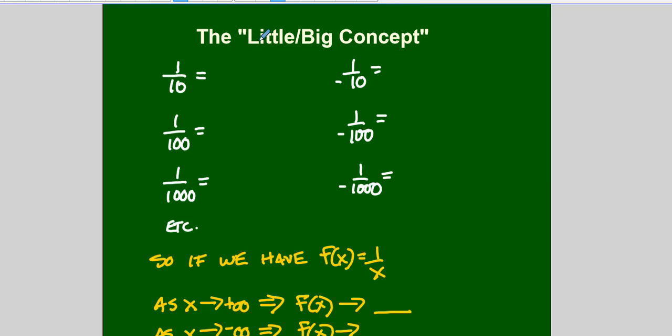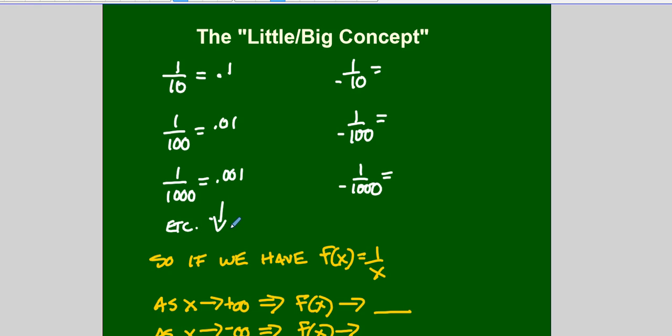So now we could flip this around. We have the little big concept where I fix the numerator, but now I blow up the denominator. So 1/10 is 0.1, 1/100th is 0.01, 1/1000 is 0.001, etc. You could go 1 over a trillion, 1 over a zillion, etc. But you're getting smaller and smaller numbers, so it's going to 0.